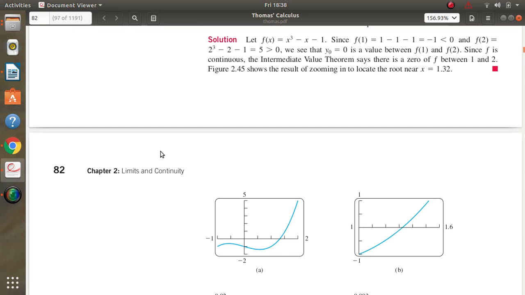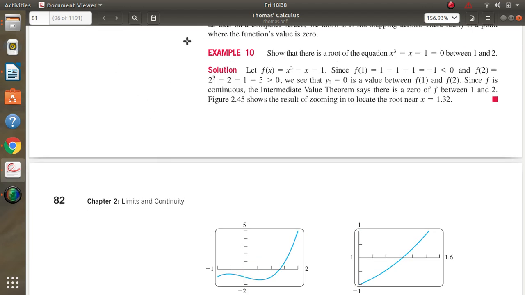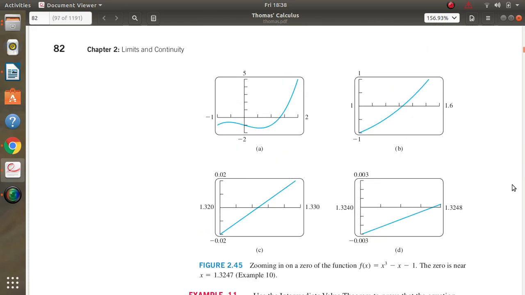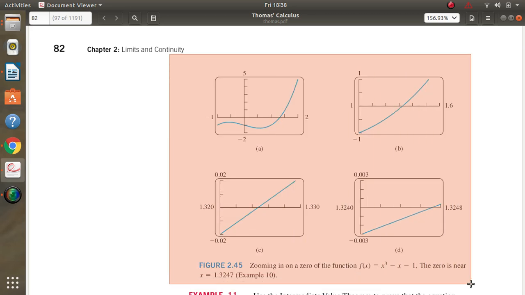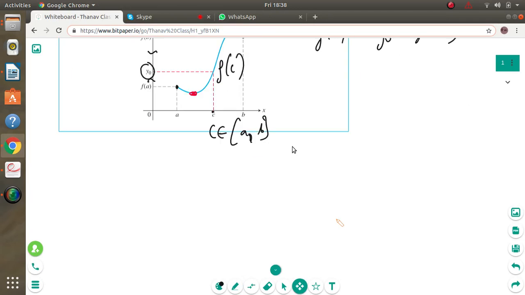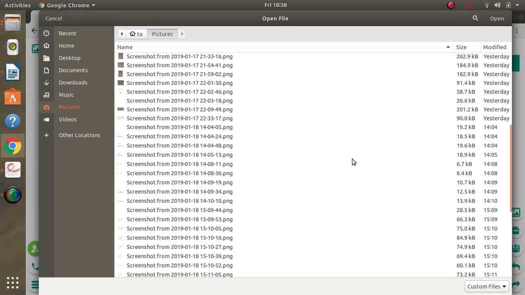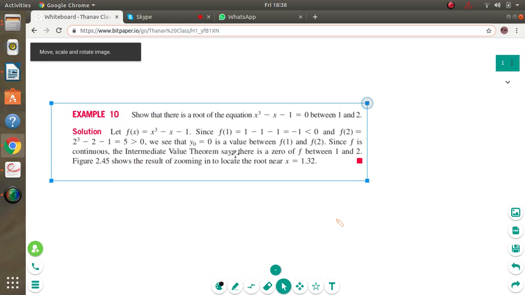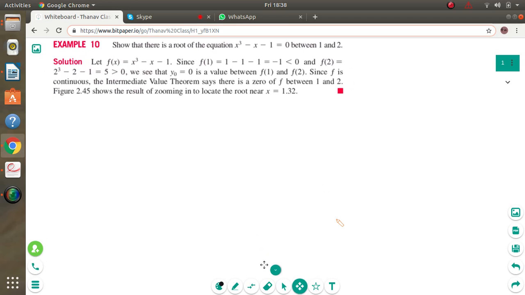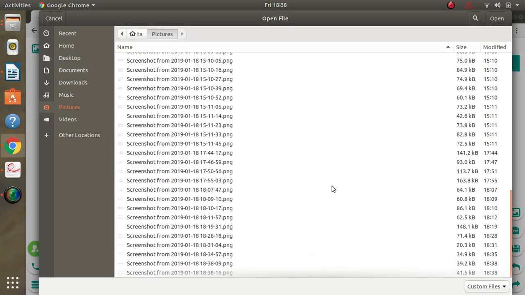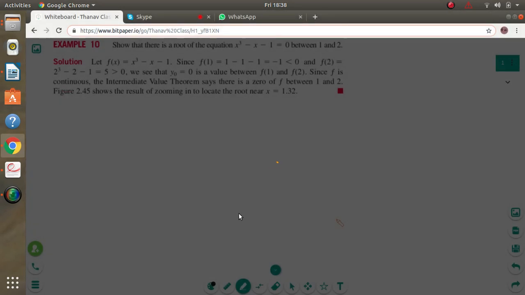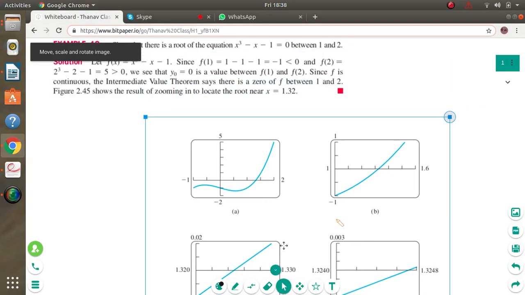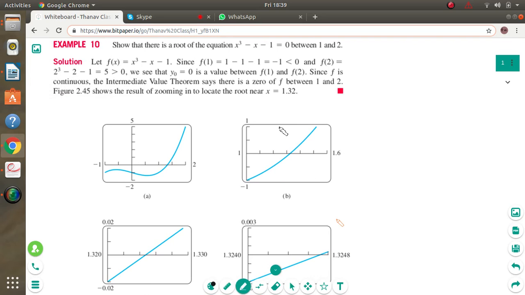Now let's go through example number 10. Show that a root of the equation x cube minus x minus 1 equal to 0 lies between 1 and 2.